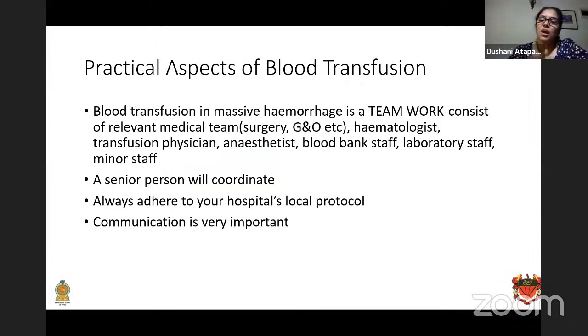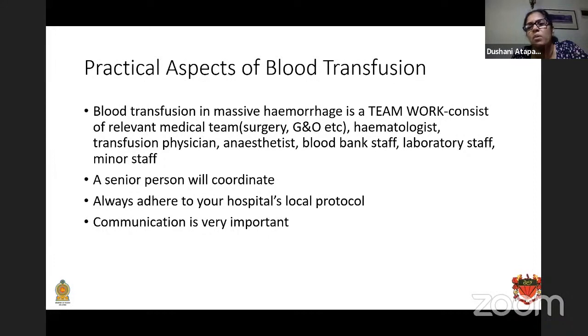So as a HO, the house officer, there are some practical aspects of blood transfusion. These are very important. As I said, in massive hemorrhage, blood transfusion is teamwork. It consists of many members: the relevant medical team, either surgical or medical or gynae-obs, the hematologist, the transfusion physician, the anesthetist, the blood bank and laboratory staff, and the minor staff.